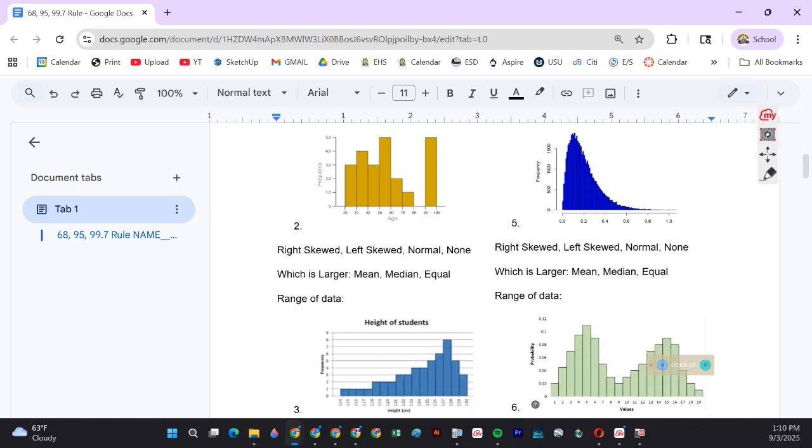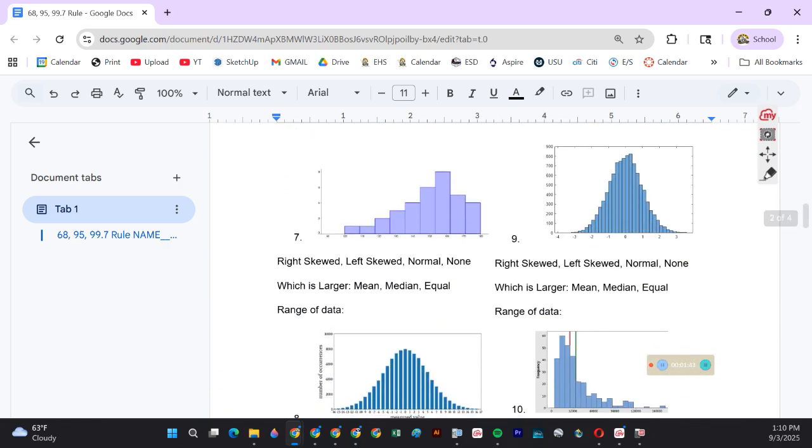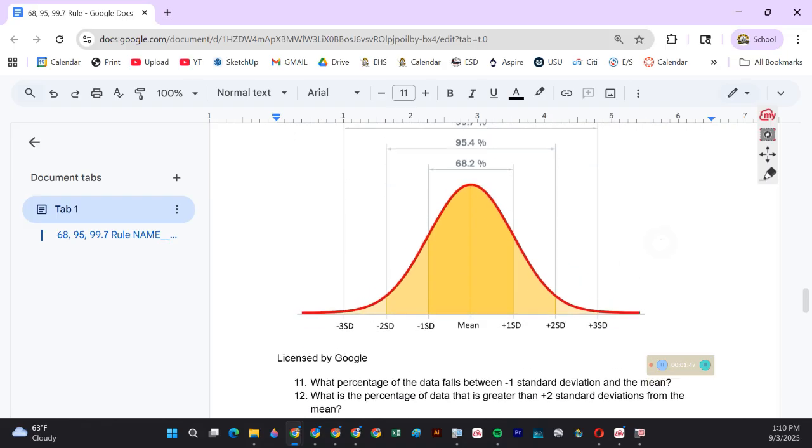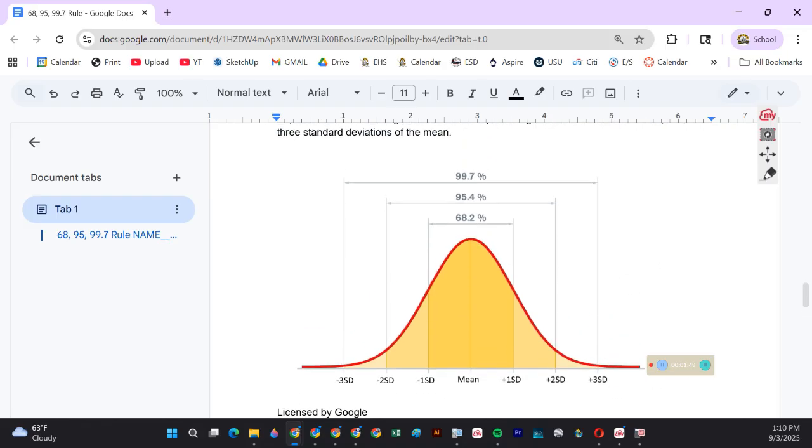Okay. So on the next set, we have a graph, and I told you the rule was 68, 95, 99.7, and it was a bit of a lie. It's actually 68.2, 95.4, and 99.7. So if you use those numbers or you use 68, 95, it doesn't matter. Okay.